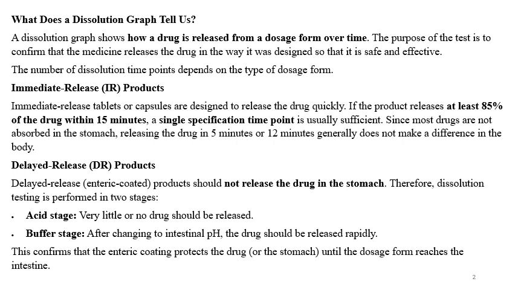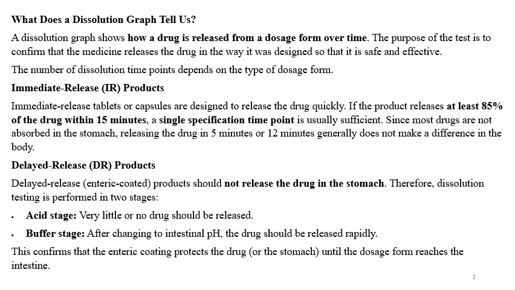The first stage is the acid stage and the second is the buffer stage. In the acid stage, the product should not release the drug, and in the buffer stage it should release. In the acid stage, very little or no drug should be released. The limit is not more than 10% in the acid stage.